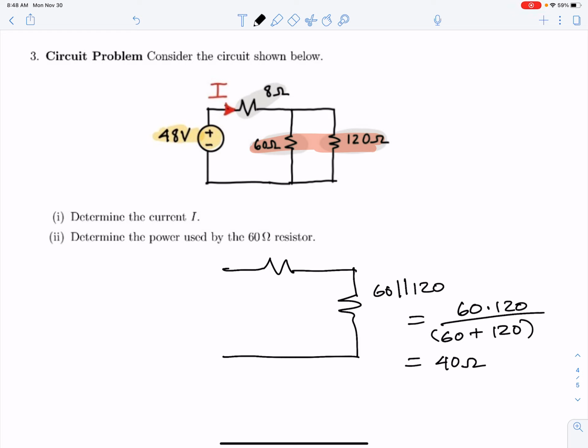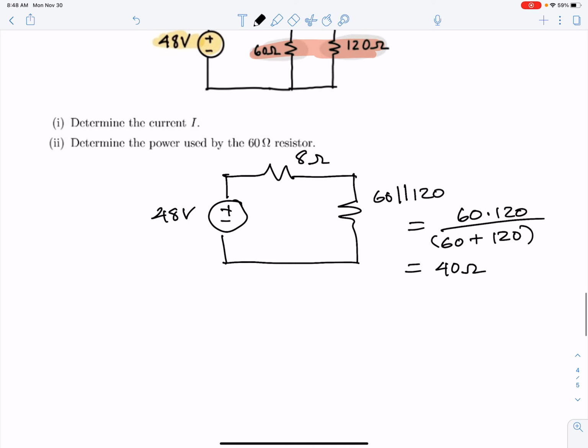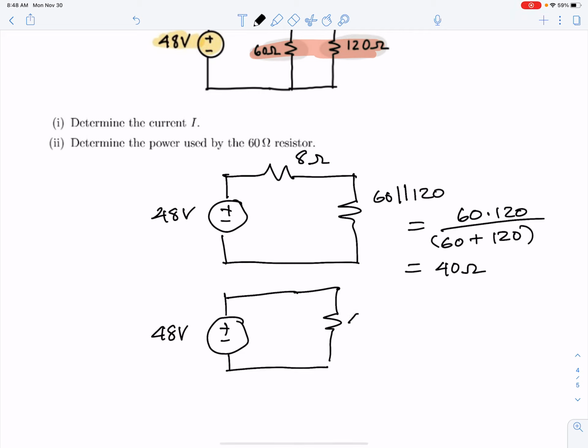Then this is 8 ohms, and we still have our voltage source. And so the equivalent circuit here boils down to 48 ohms in a single loop circuit with a 48 volt source. So you apply Ohm's law.